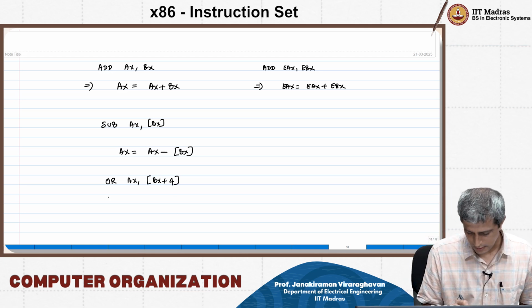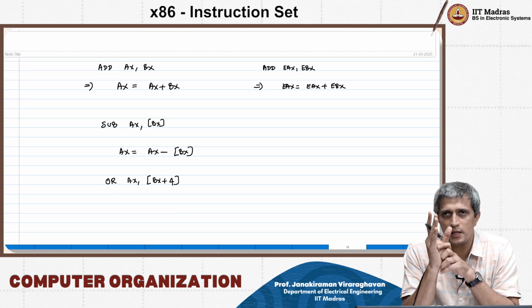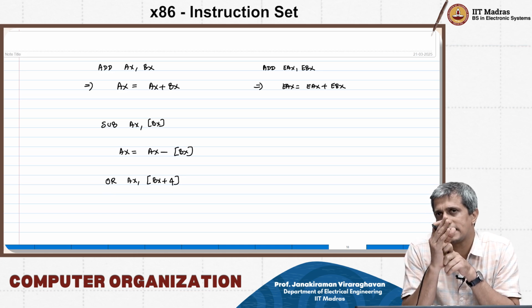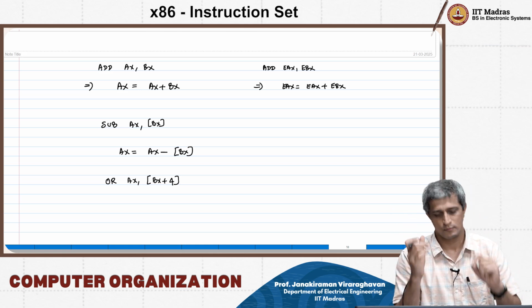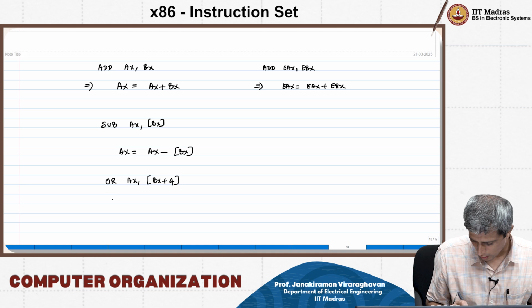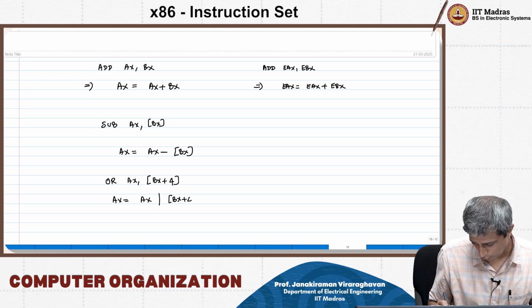Now this one is the logical OR operation. The logical operations in the x86, or in any microprocessor, are typically bitwise operations. So when I say OR, AX is equal to AX OR contents of BX plus 4.